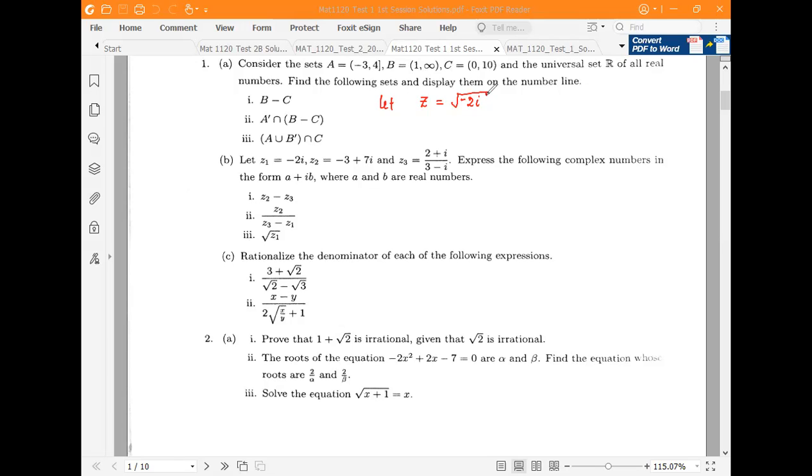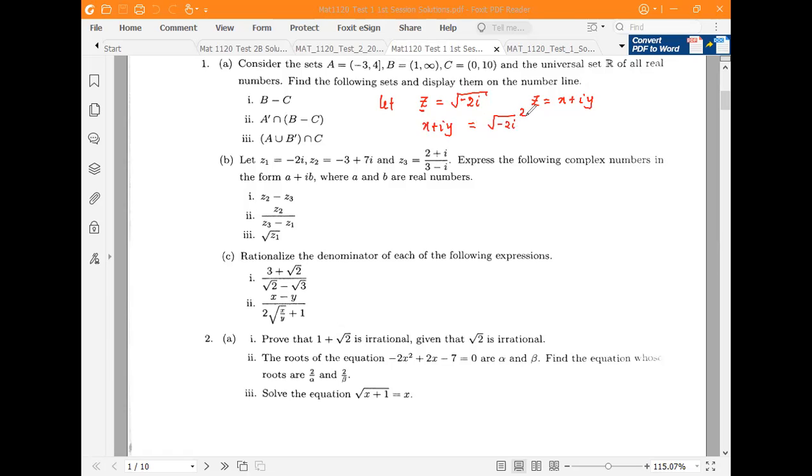Okay, so before you square, you can first assume that your z is x plus iy. And then you come back now, where there is z there, you put x plus iy equal to the root of minus 2i.